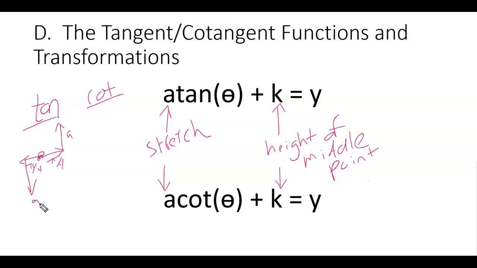Whereas with cotangent, it's left pi over 4, up a, and right pi over 4, down a. That way you get those different directions. But either way, the height is what I'm focusing on here. It's down or up a in either direction. So that's what the a tells us.